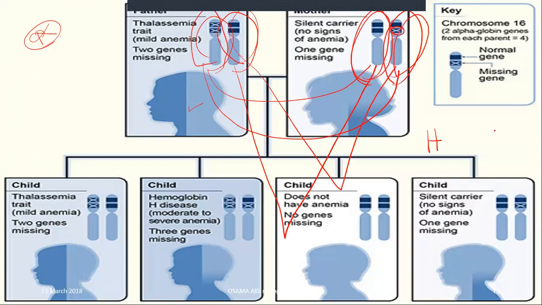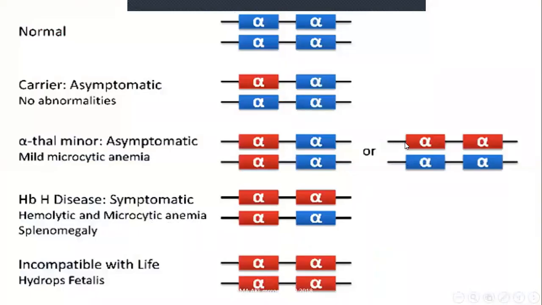So this is the inheritance of thalassemia. It's autosomal recessive, and this is how its inheritance occurs. Again, if the 4 genes are present, meaning the 4 subunits, this is a normal person. If 1 gene is affected, this is a silent carrier.